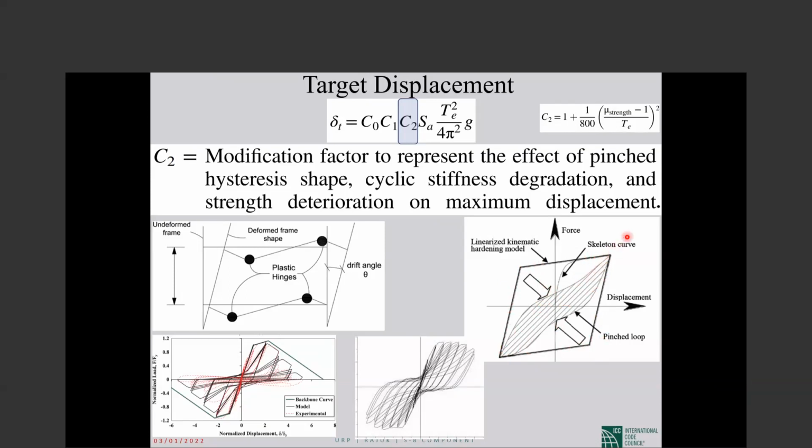So we should expect to need more deformation on the horizontal axis to get the same level of energy dissipation as the original very good and fat hysteresis curve.